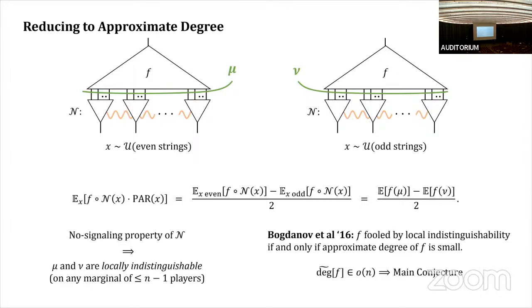So local indistinguishability is a lot like k-wise independence, except instead of being indistinguishable from uniformly random, you're indistinguishable from some other distribution. And so this is how the approximate degree of AC0 comes in.